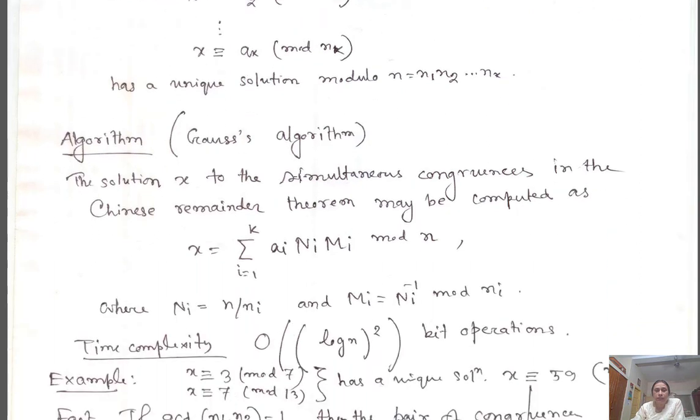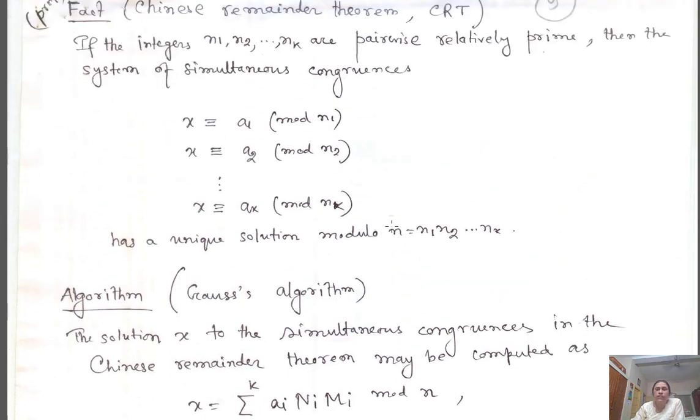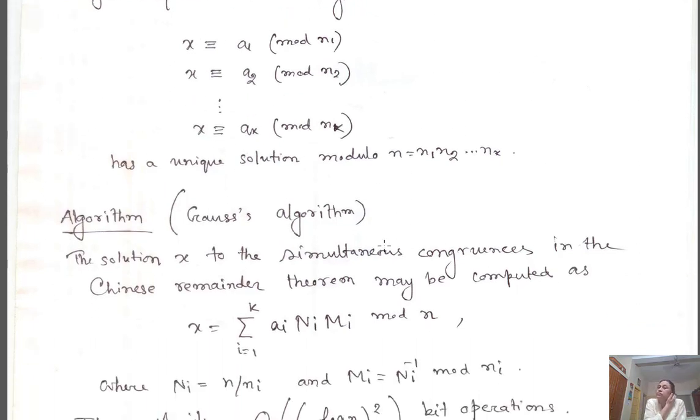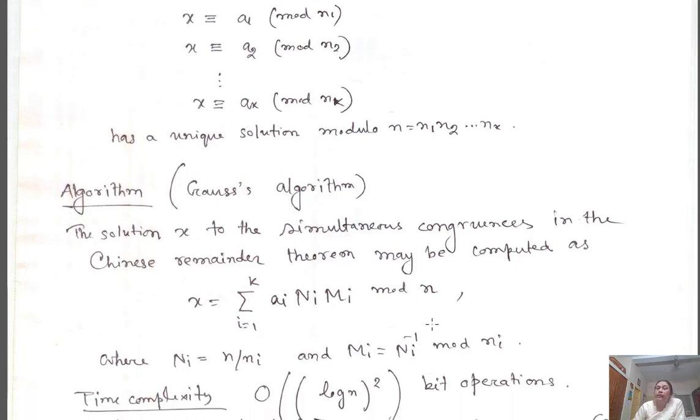It is given by the next algorithm, Gauss's algorithm. The solution x to the simultaneous congruences, modulo n, is given by x equal to the summation of ai Ni Mi modulo n, where Ni is the product of all these moduli divided by the small ni.